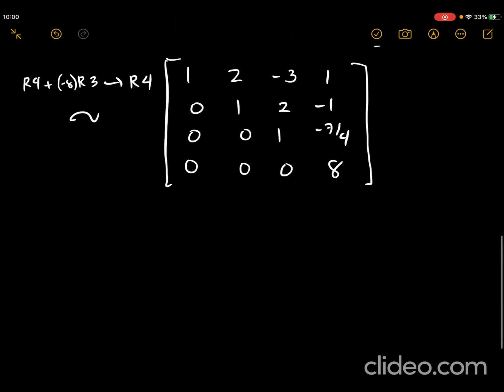Finally, we apply the same thing for the remaining submatrix. It's only 1 by 1, so we just need to make this a leading 1. We need to turn this into a leading 1, so we multiply row 4 by 1/8.